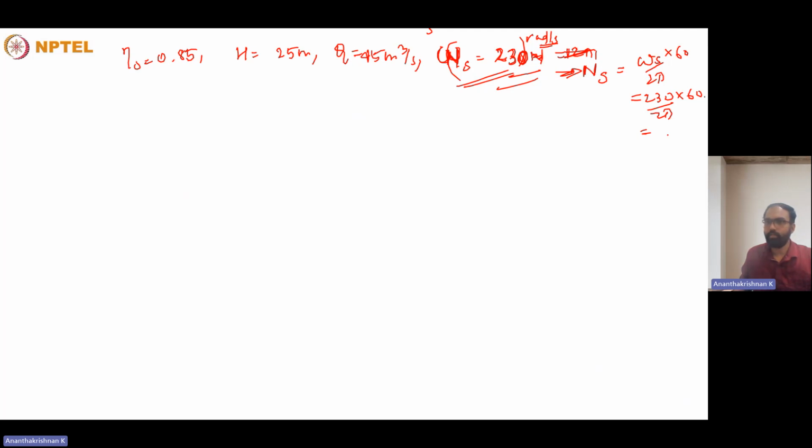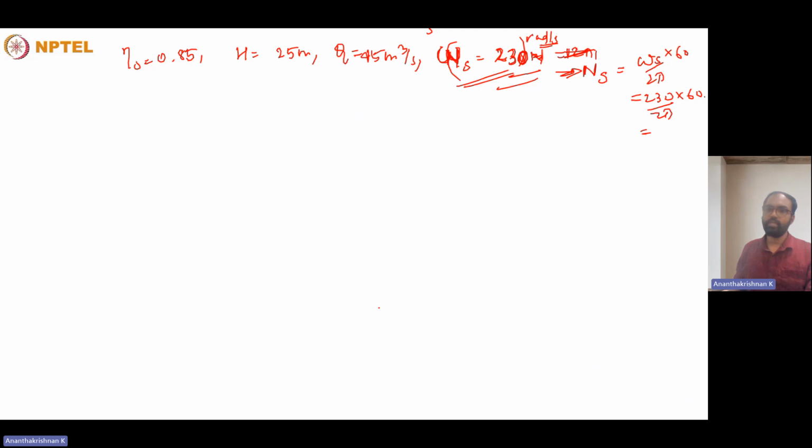So that will be coming around 230 divided by 2 pi into 65. So it will come to around 2200 RPM.